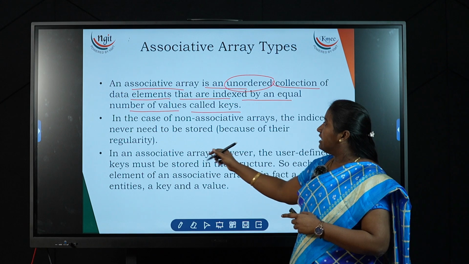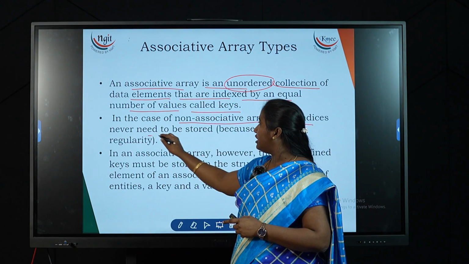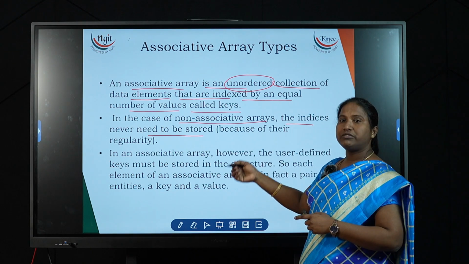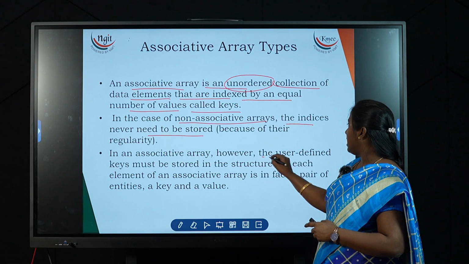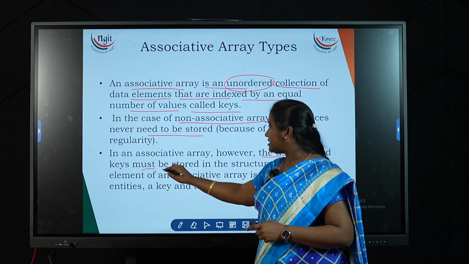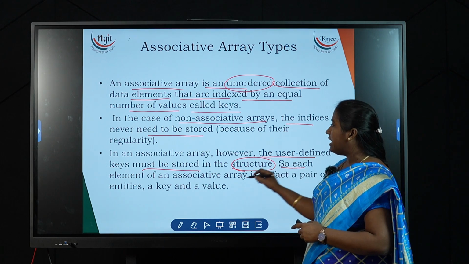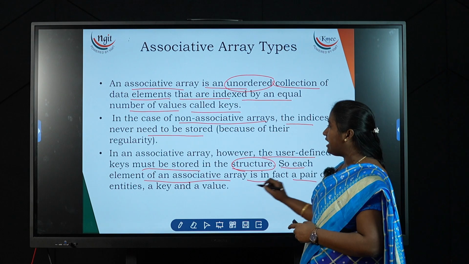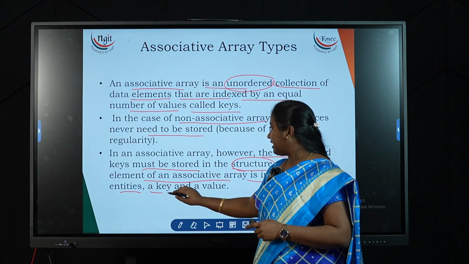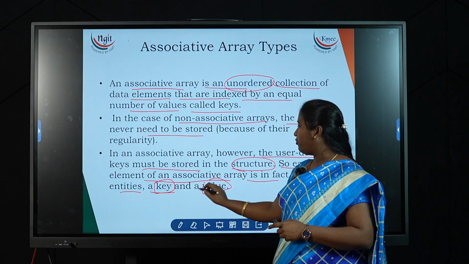In the case of non-associative arrays, the indices never need to be stored because of their regularity. In an associative array, however, the user-defined keys must be stored in the structure. So each element of an associative array is in fact a pair of entities, a key and a value.